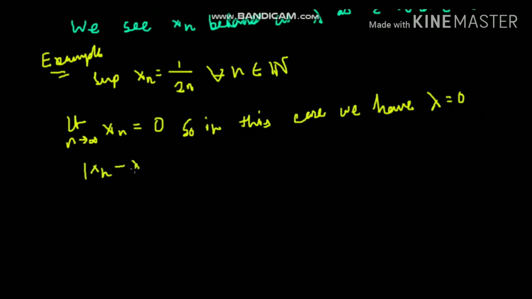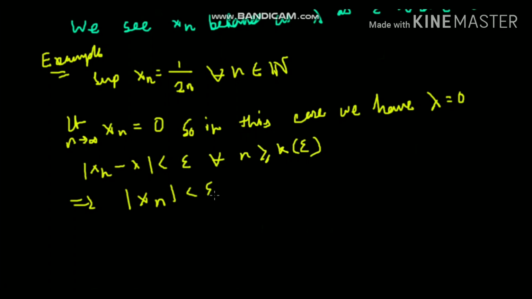So x of n minus lambda is less than epsilon. Now lambda is equal to 0, and obviously don't forget to write for all n belonging to k of epsilon, because you will find out from this example why k of epsilon is important. So we get x of n is less than epsilon.